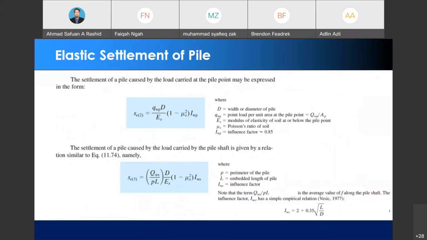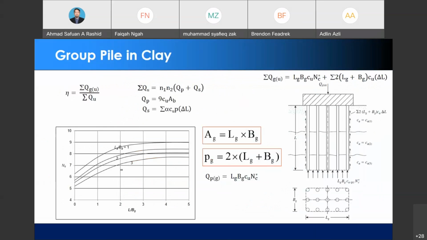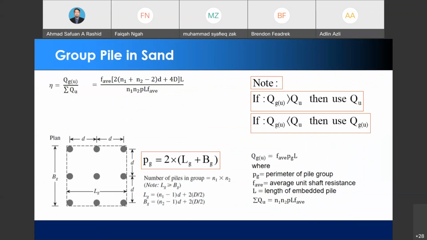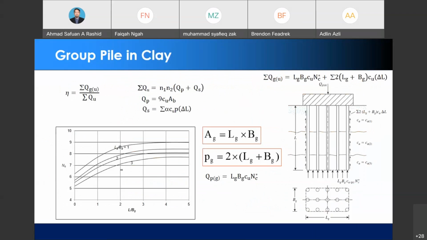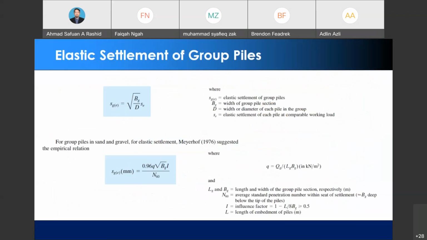And for the group of piles, it is basically the same as I explained before. So the capacity for a group of piles is calculated like this. That is for clay and this is for sand. And for the settlement of the group of piles, you may use this equation. You need to go through it and try to get the value.